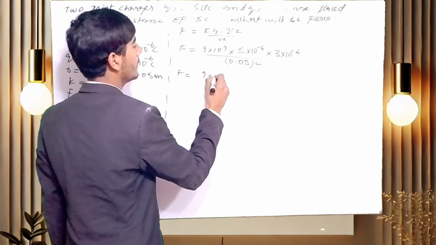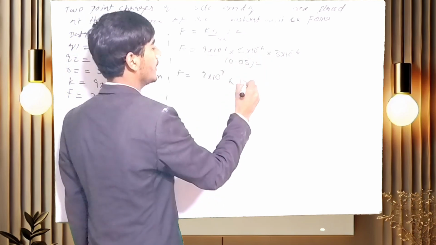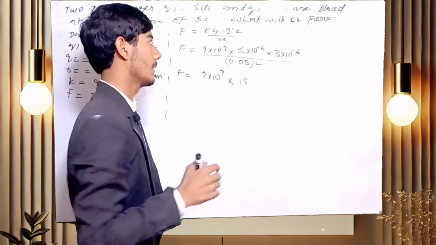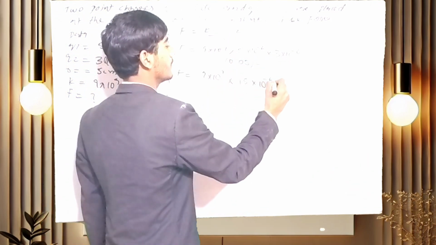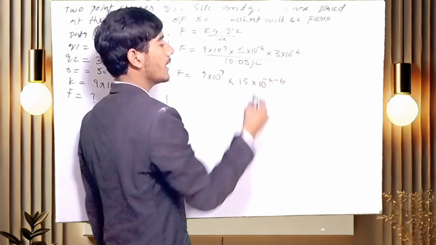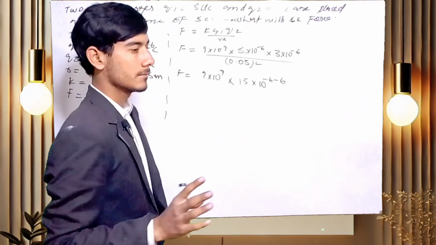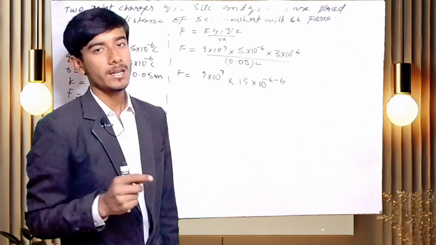F is equal to 9 into 10 power 9 multiplied by 5 multiplied by 3, 15. Listen to me carefully. 5 multiplied by 3 is 15 into 10 power minus 6 minus 6, because the powers are added. I am not telling you again and again; if you want to understand, listen to me once and you will understand.